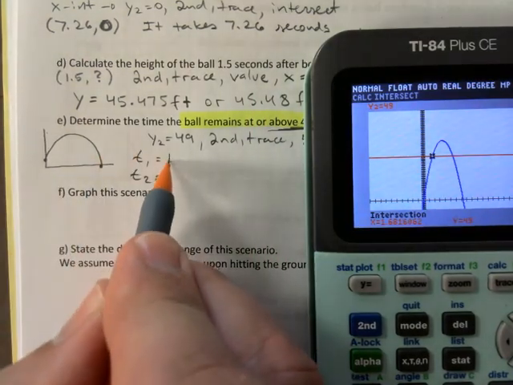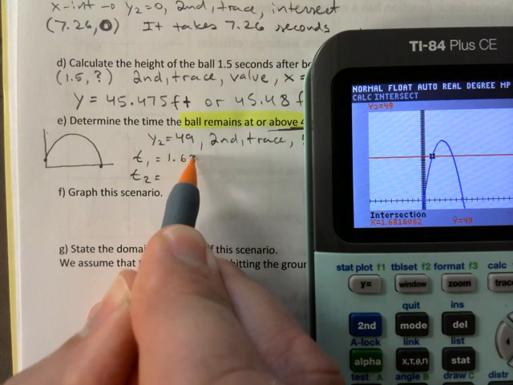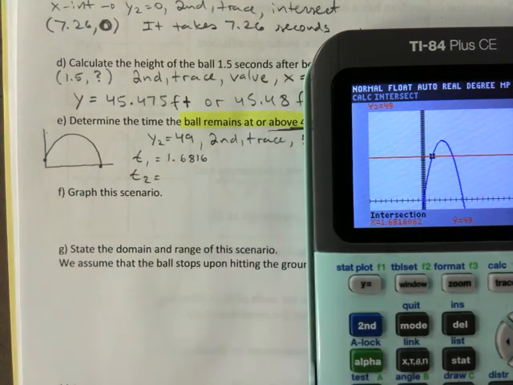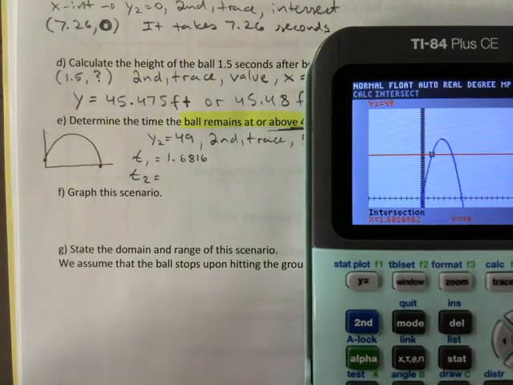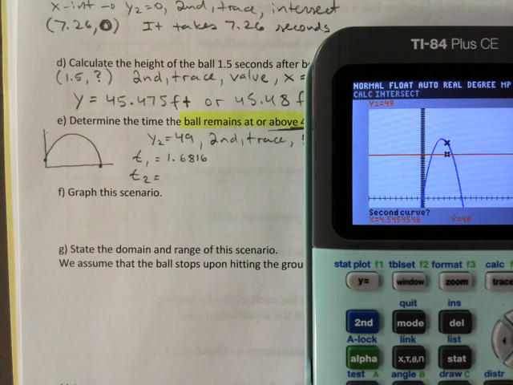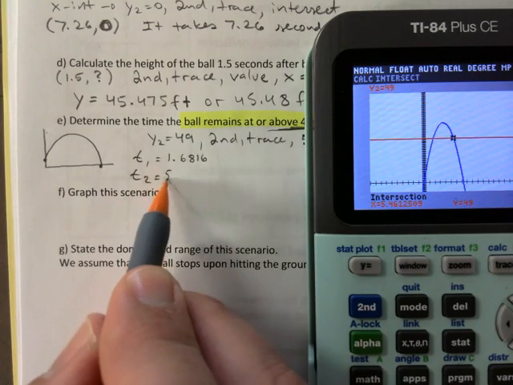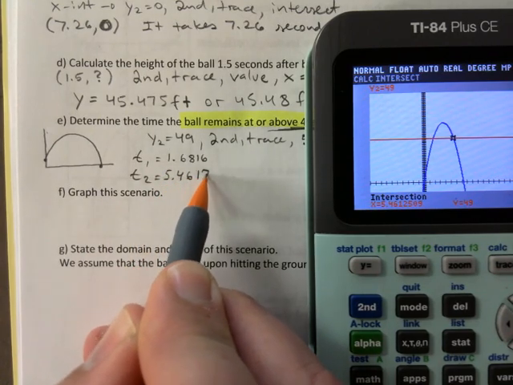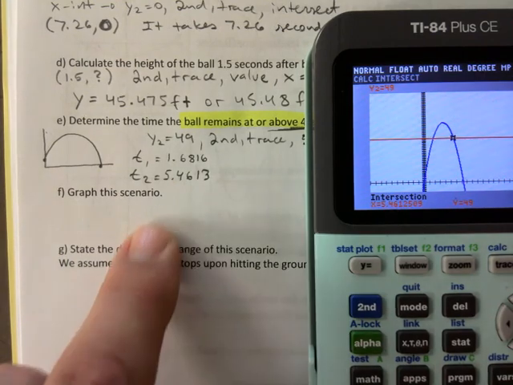If you want to get full marks, don't round to 2 decimals yet, because this is not your final answer. Go 4 decimals minimum. Okay. Second trace 5 again. Enter, enter, enter. That's 5.4613. Okay.